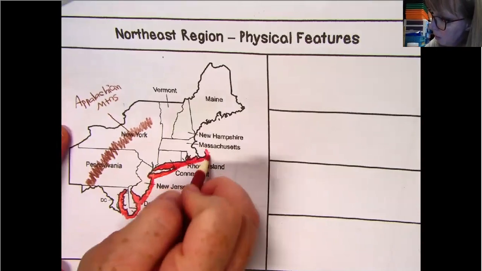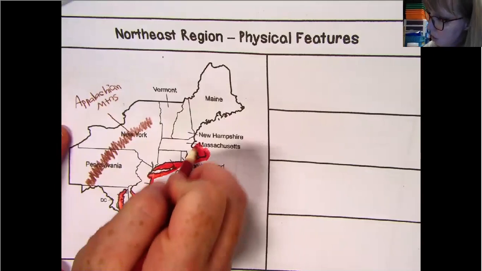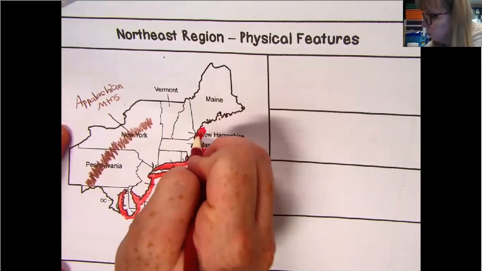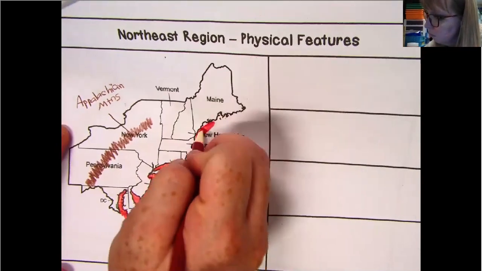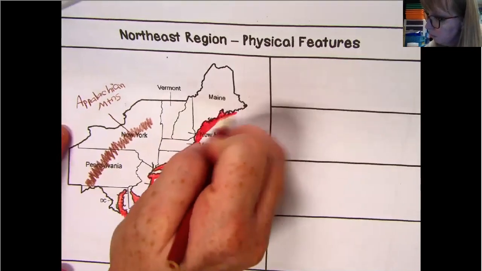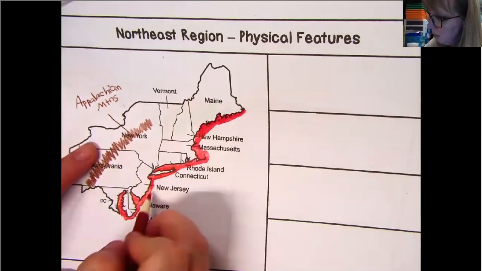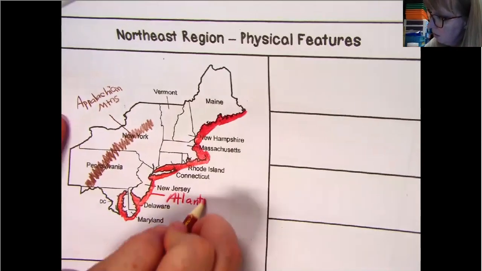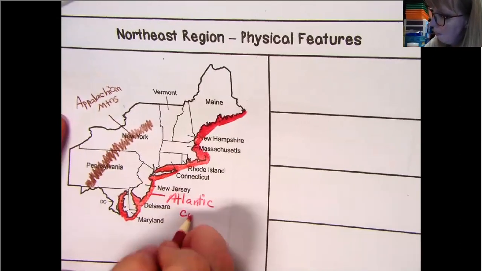It's the same color that we colored the Atlantic coastline for the southeast region because it's the same ocean. Atlantic coast.